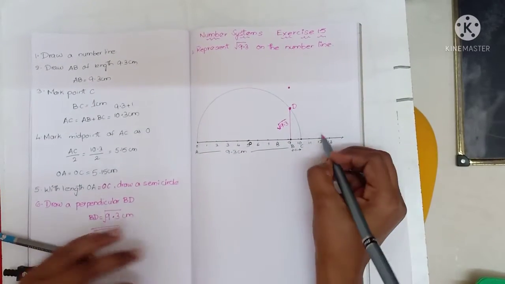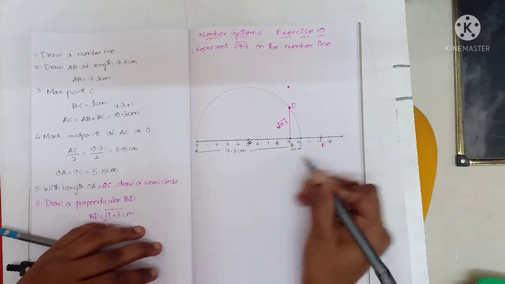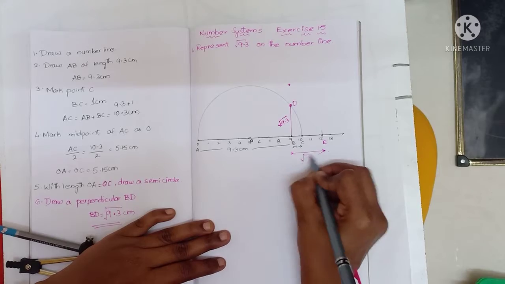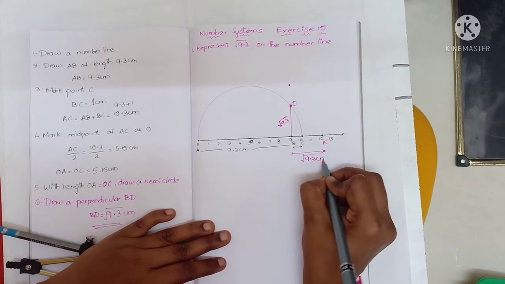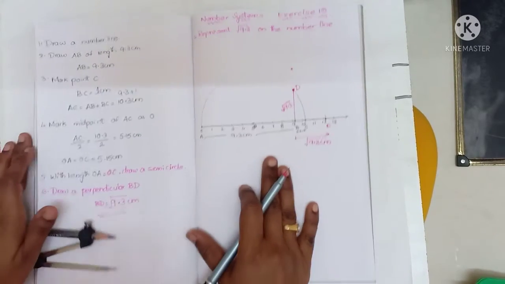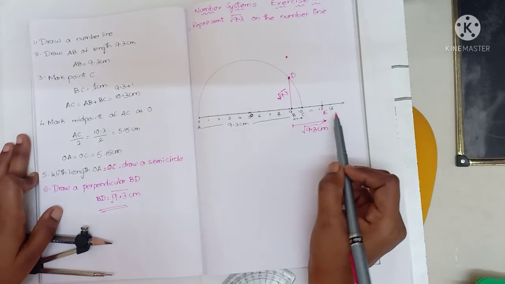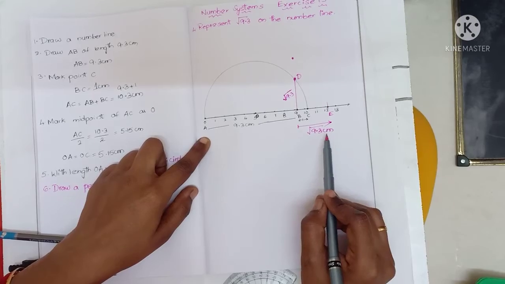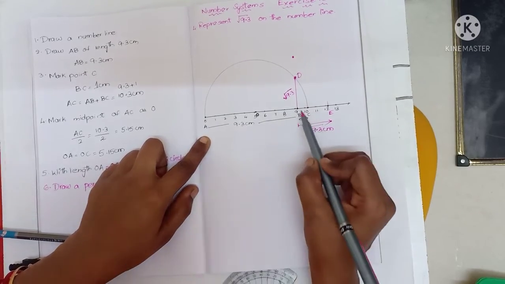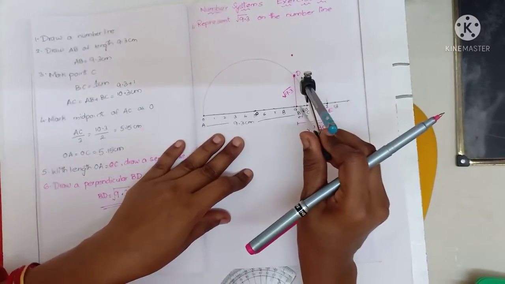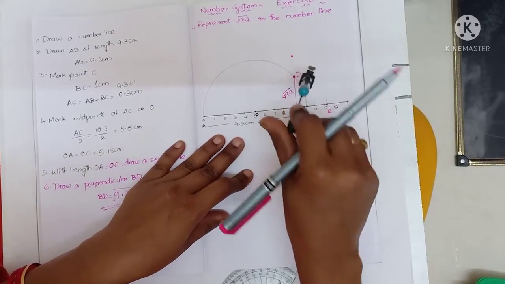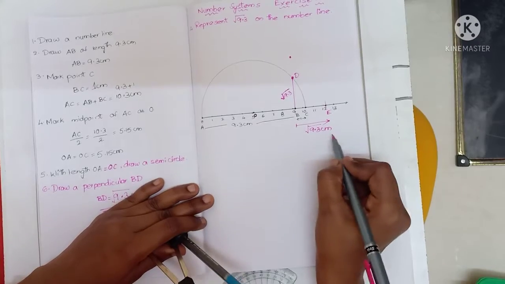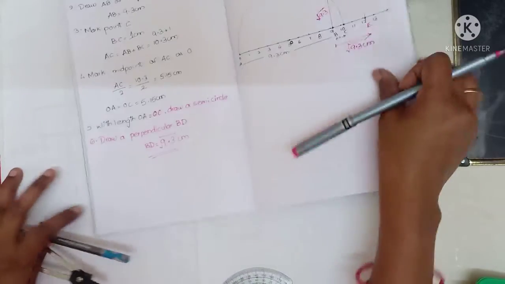Let this point be E. So BE, B to E, is root 9.3 centimeters. Now you are able to represent root 9.3 on the number line. Not AE. AE is not root 9.3 centimeters. You are measuring BD and marking the point from B to E. So BE is root 9.3 centimeters.